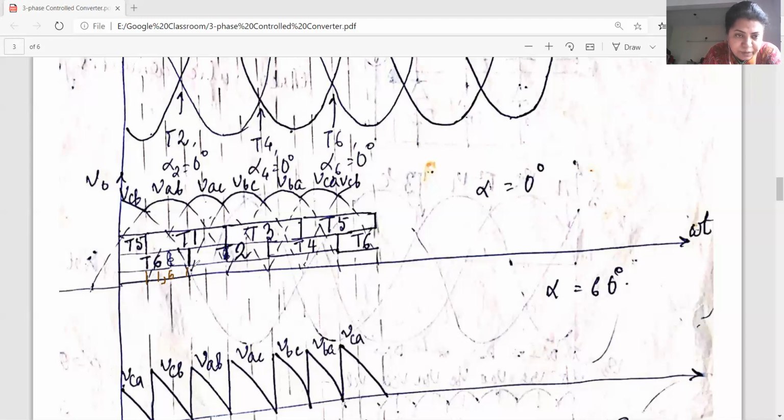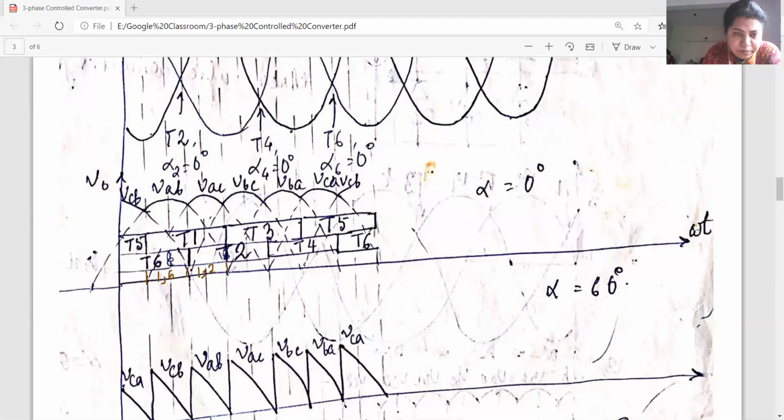Again, from here to this particular instant, for an interval of 60 degrees, 1 is conducting and 2 is conducting.